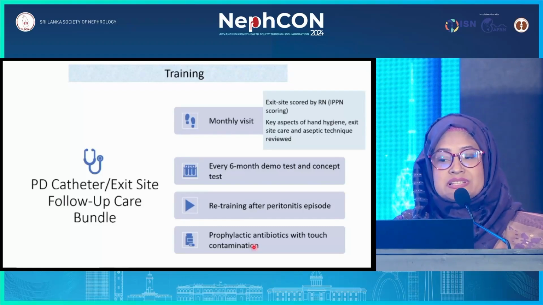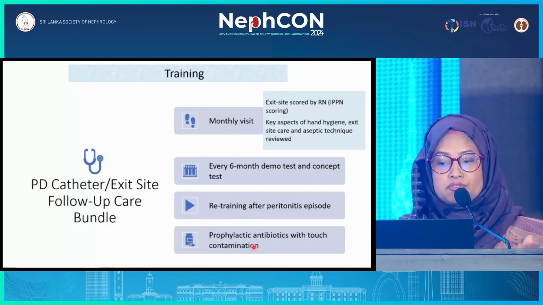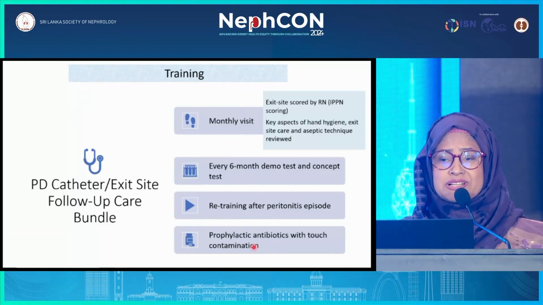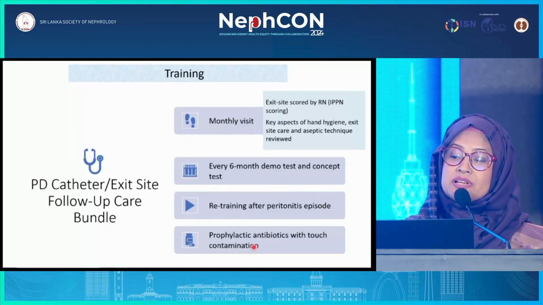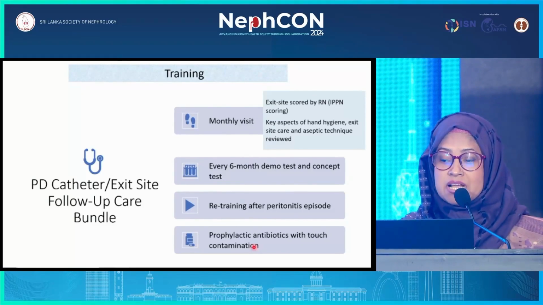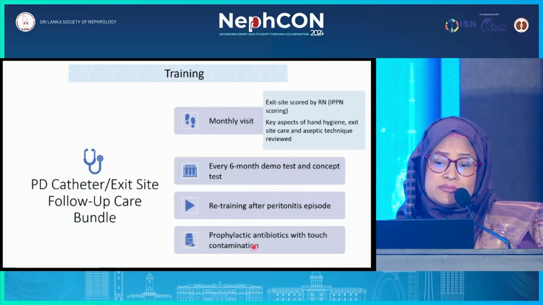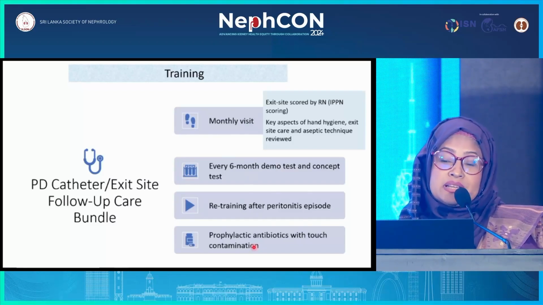This prevention is achieved fully by proper training. PD training should be performed using a formalized teaching program with clear content and clear objectives, with consideration of the previously published ISPD syllabus. A patient should be visited on a monthly basis, and we should do exit site scoring by renal nurses.